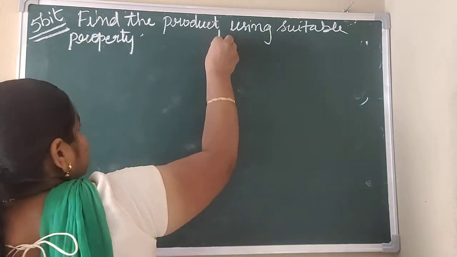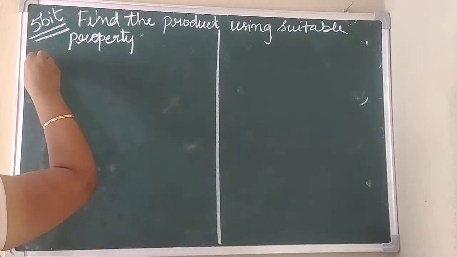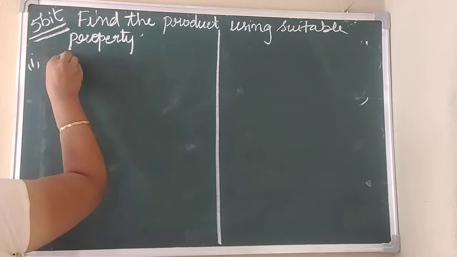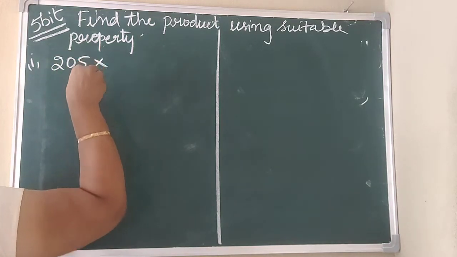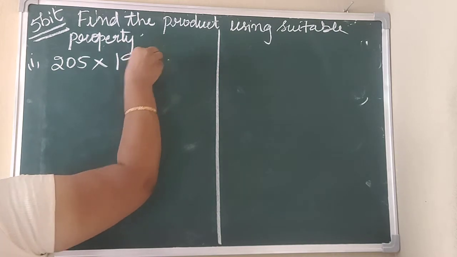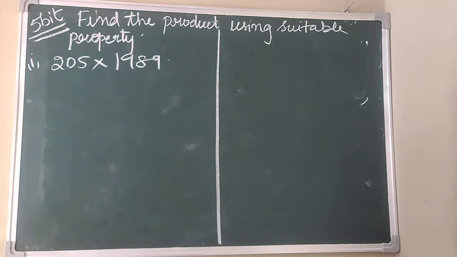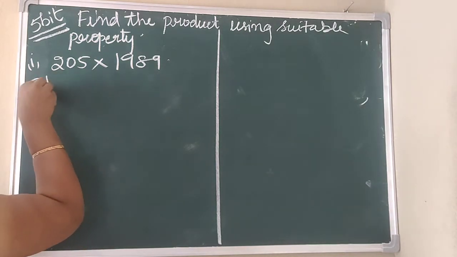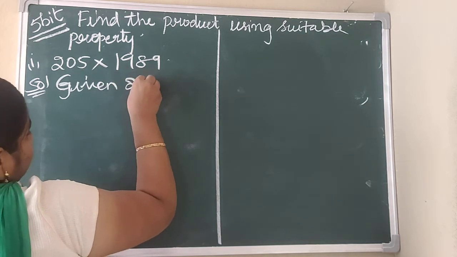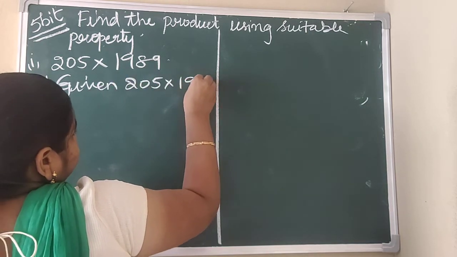So in that, the first one. What is first one? 205 into 1989. So by using the property, we have to solve this. So I am using the distributive property here. So given 205 into 1989.